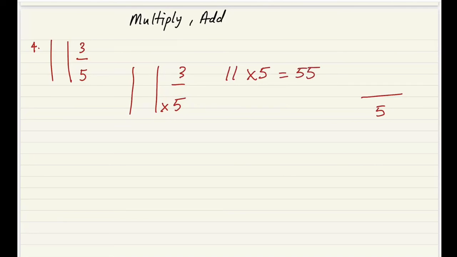Then we add the answer that we got, which was 55, to the 3, which is the top number. It becomes 55 plus 3, which is 58. And that is all we need. This 58 is going to go here. So then our answer now becomes 58 divided by 5.